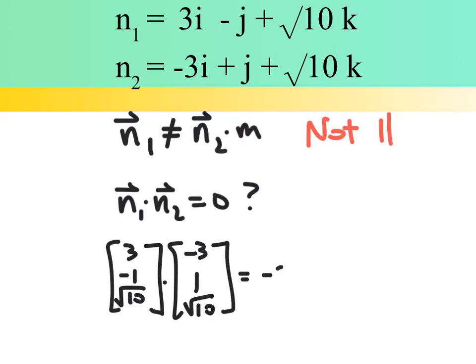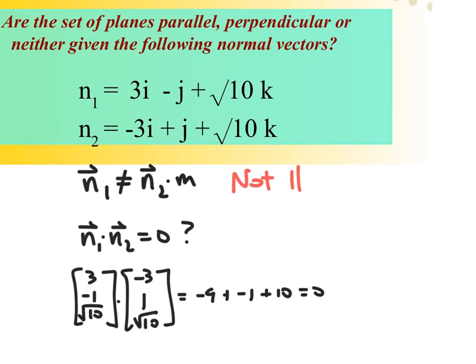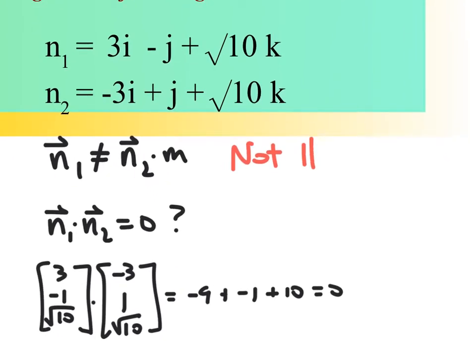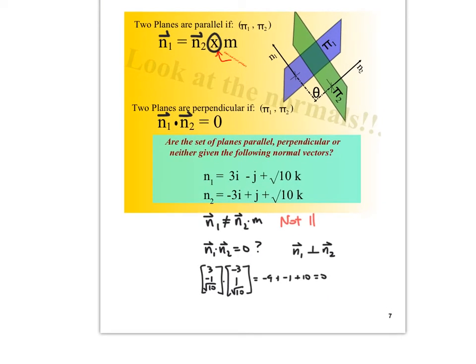I get negative 9 plus negative 1 plus 10, which equals 0. Therefore, I don't know their equations, but I know that their normals are perpendicular. Therefore, their planes are perpendicular.